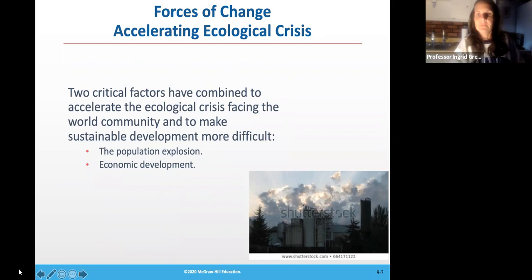We already have a photo here of a city, and there are a lot of clouds. We're going to talk a little bit about the greenhouse gases and how, when there's a lot of population, the air gets dirty, the water gets dirty, et cetera. Not to oversimplify it, but that's the idea.